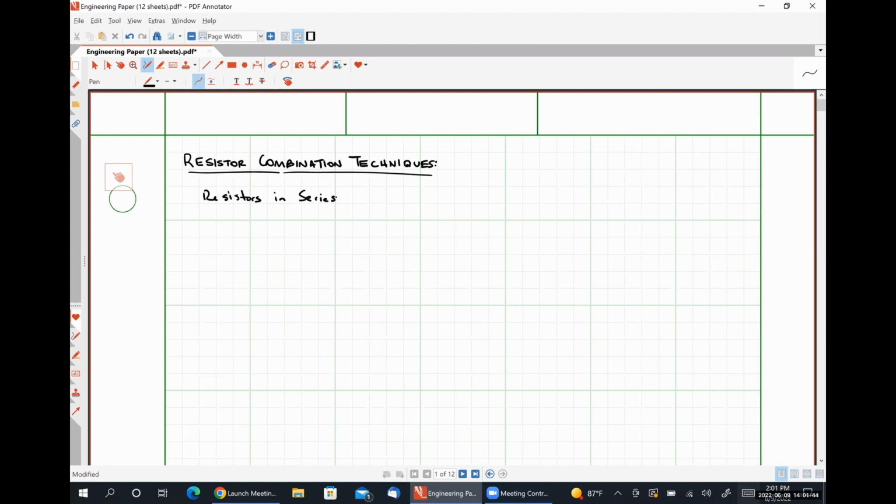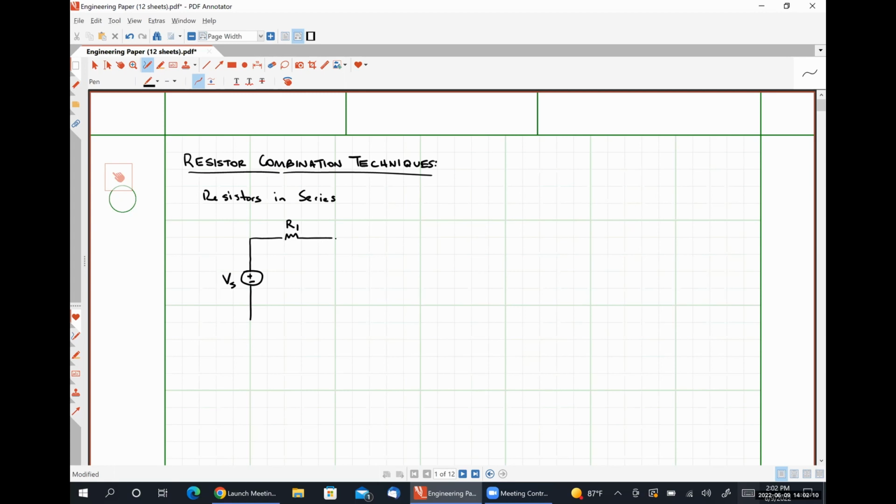So let's consider a network where we have a voltage source, like so, Vs, connected to multiple resistors that are connected in series.